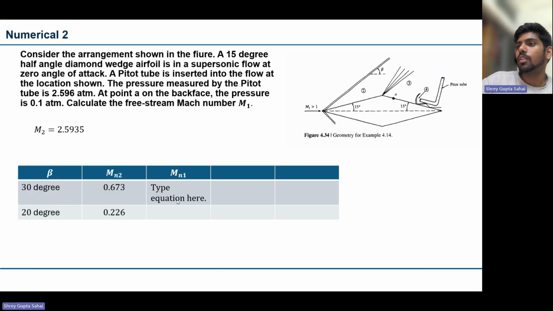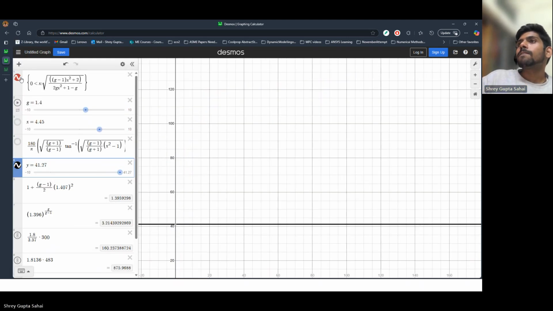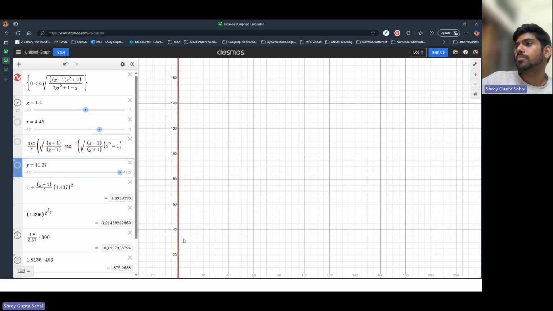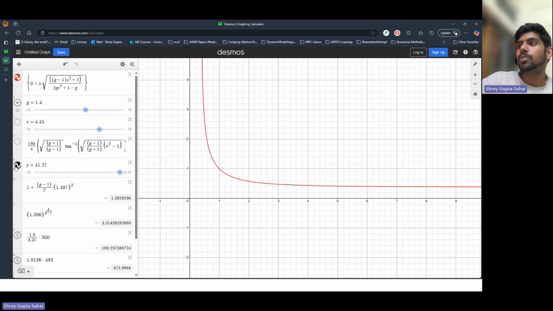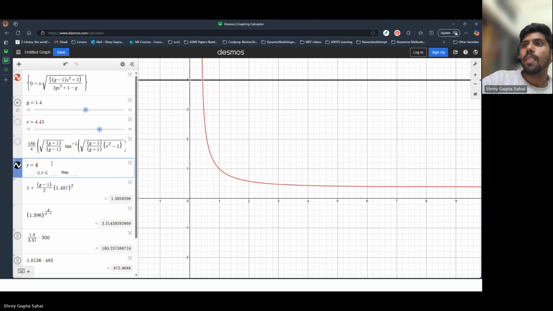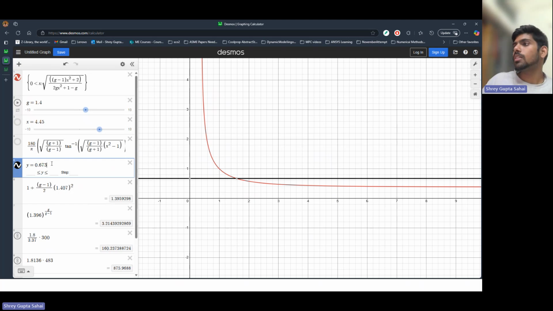Now if we do that, then we have to find Mn1 for these corresponding two values. So see, we have to find now Mn2, Mn1. So now we have to find Mn1. I'll go to this one, and now I'll use y values. Okay, so the y value is 0.673.